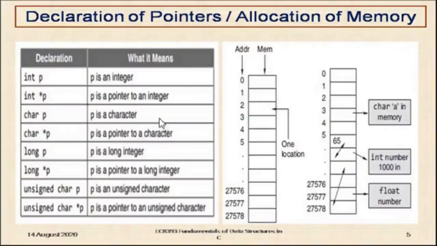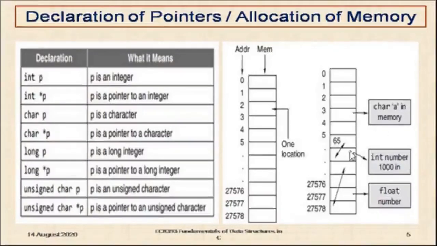See here, int p means p is declared as an integer variable. int *p is a pointer to an integer. Similarly, character and other types we can use. So actually what is happening inside the memory when we declare the variables, so here I have some 3 examples. Normally a character type variable in C language occupies a single byte in the memory.